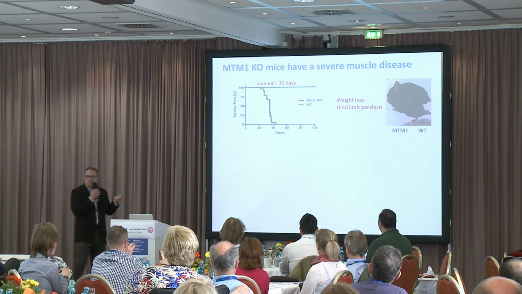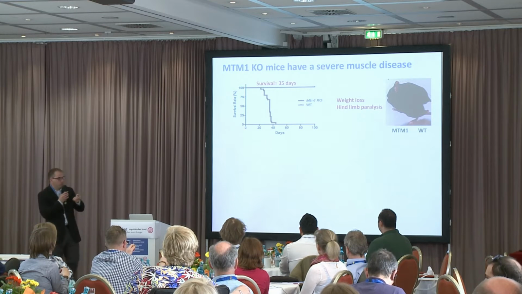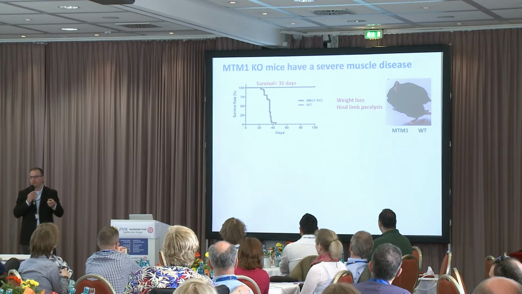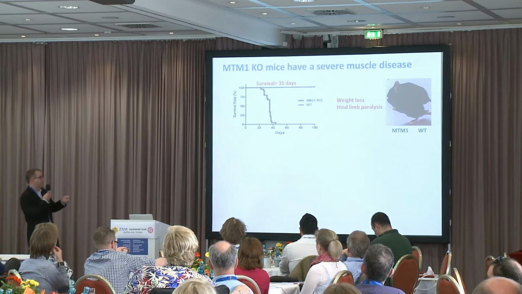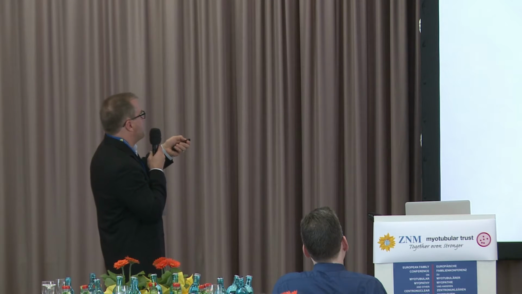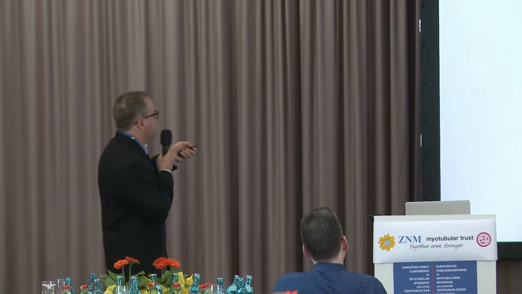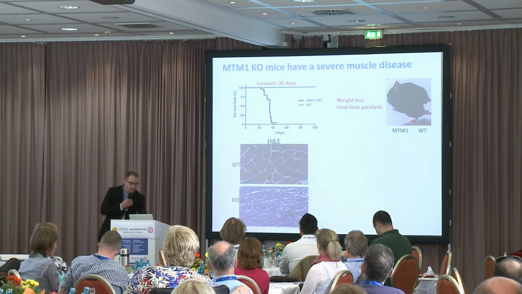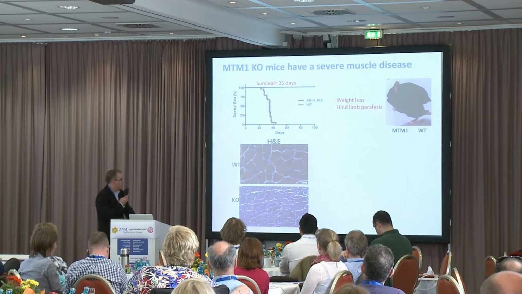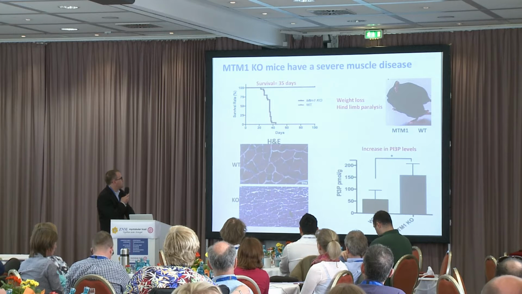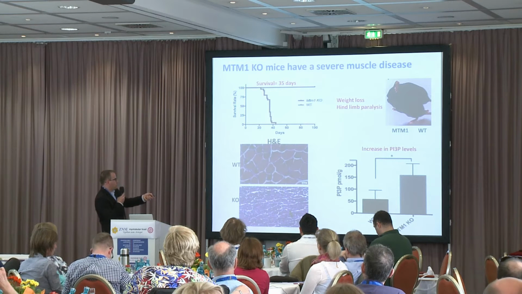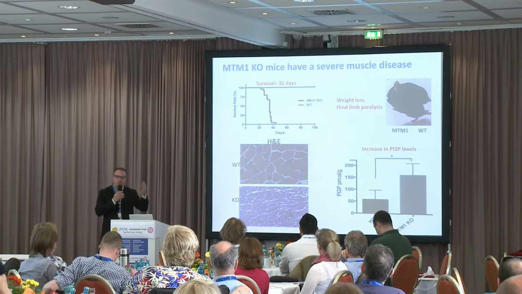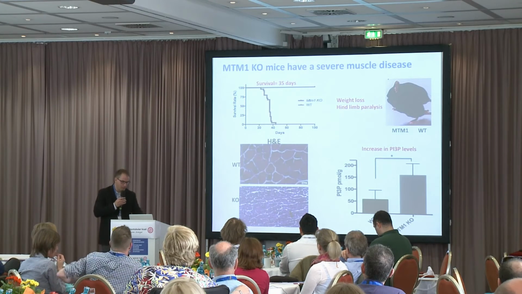This was provided to us very generously by Anna Bush-Bello, who's here as well, who started the study in 2002, and this has been an incredibly important study and reagent for the field. In our hands, these mice live about 35 days on average, and they have hind limb weakness and get sick very soon, and have all the microscopic features of myotubular myopathy. And they also, as I just mentioned, have increased levels of this PI3P, as we'd expect. The enzyme's missing, so we accumulate this lipid.